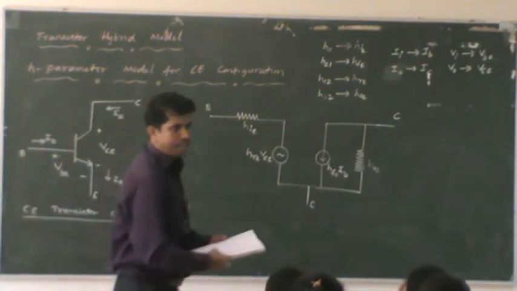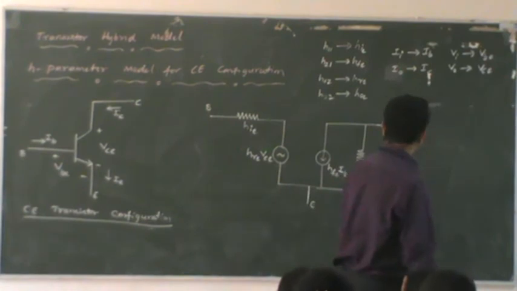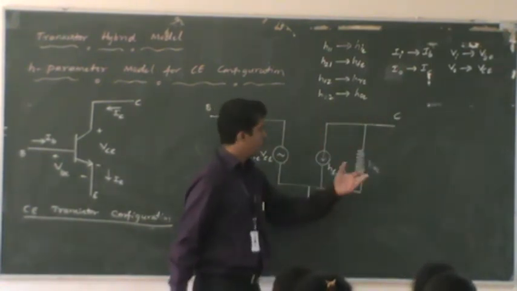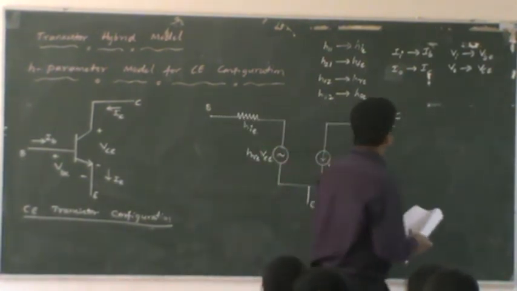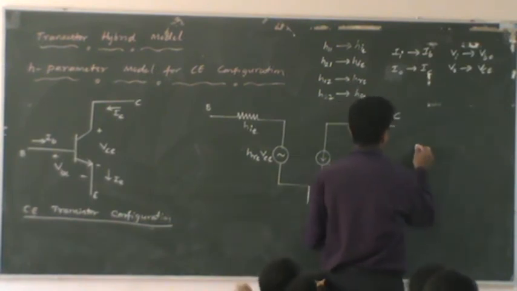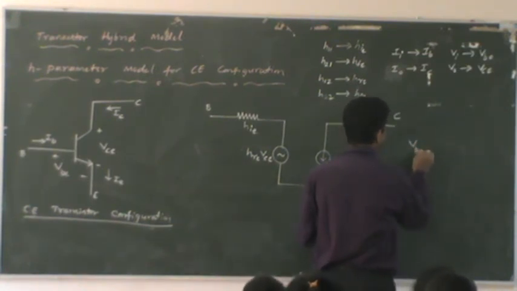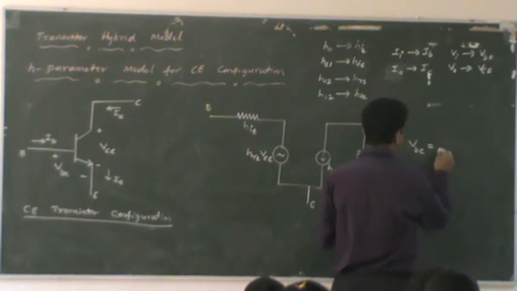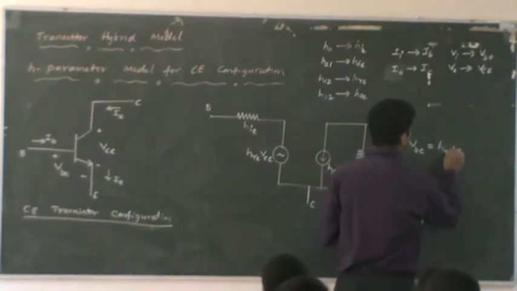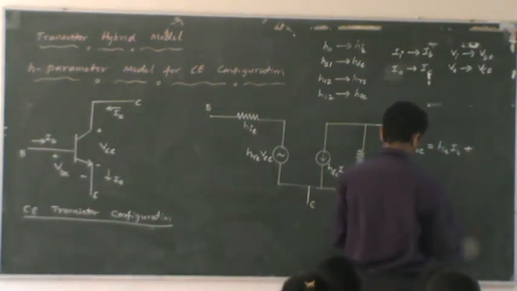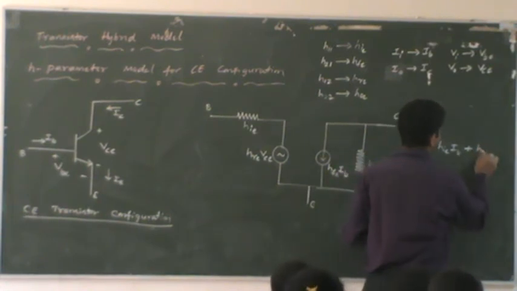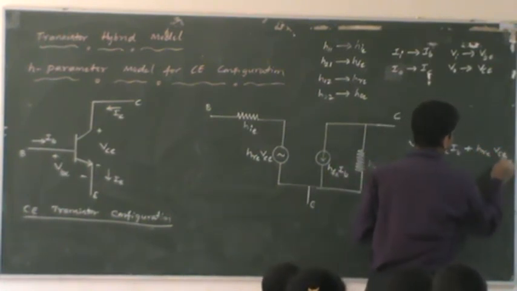Now based on this, can we write equation number 1 and 2 for the CE configuration? Good. So you are supposed to get equations like this now. VBE should be equal to HIE times IB plus HRE times VC.